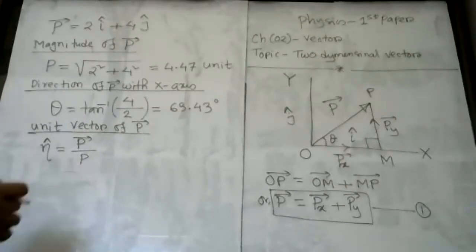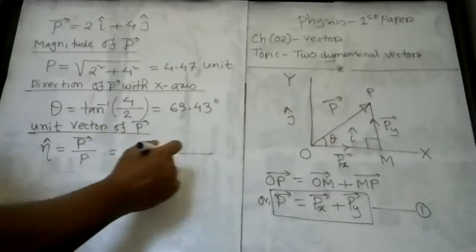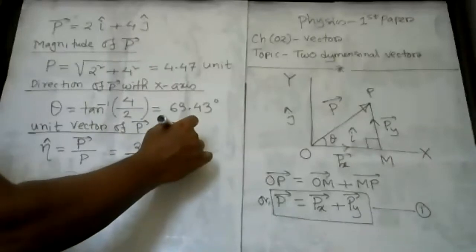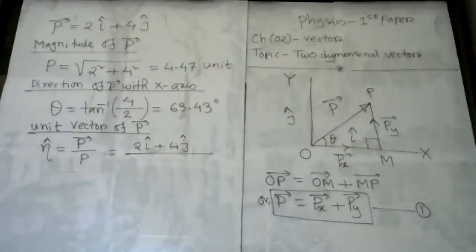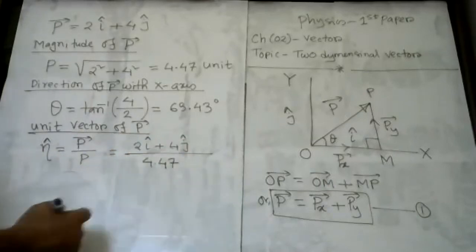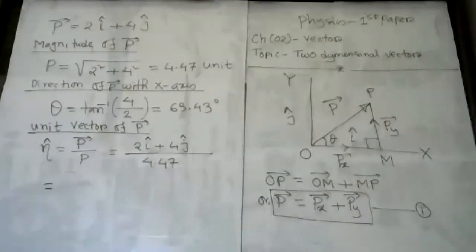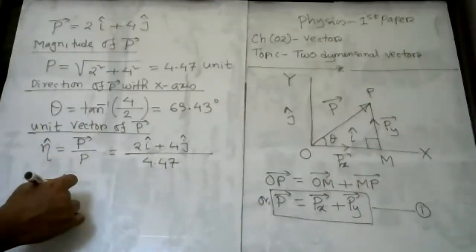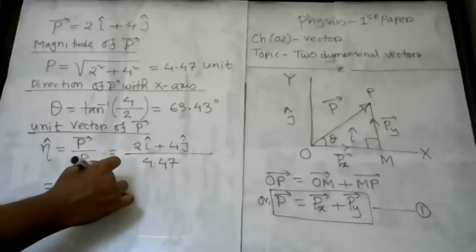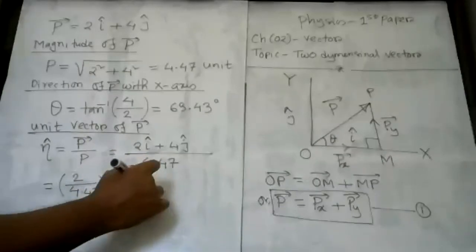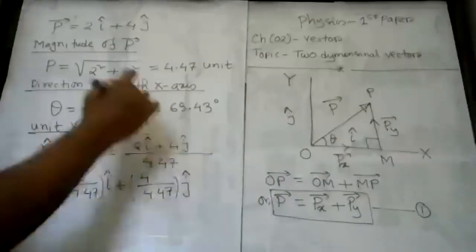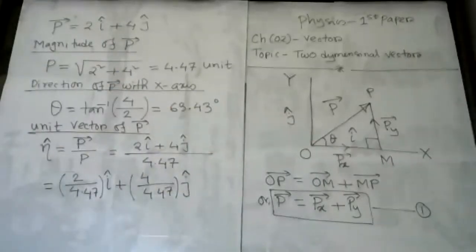Now, P equal to 2i hat plus 4j hat. What's the magnitude of P? It is 4.47. You may divide this into two parts. Then you can say that it is 2 divided by 4.47 i hat plus 4 divided by 4.47 j hat. So this is the unit vector of vector P.